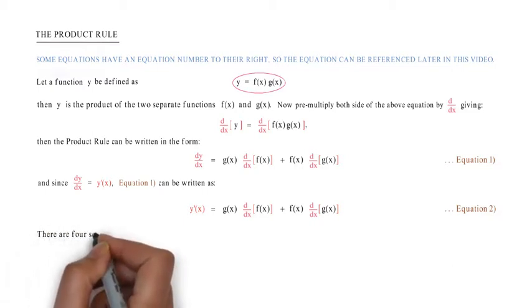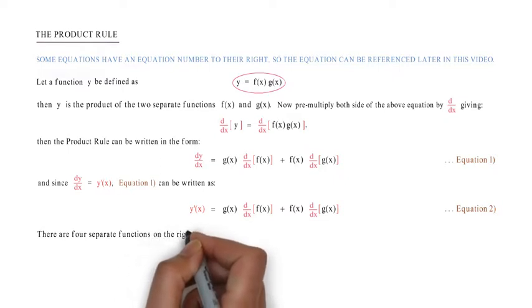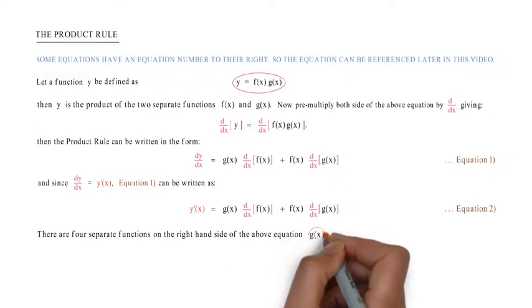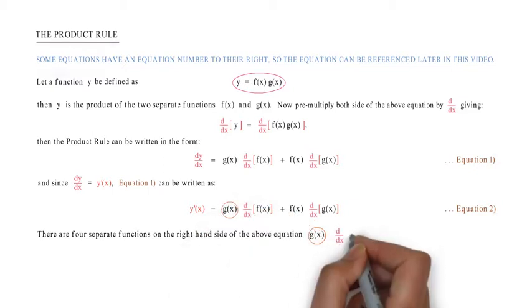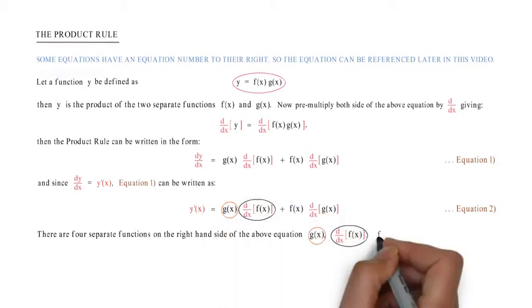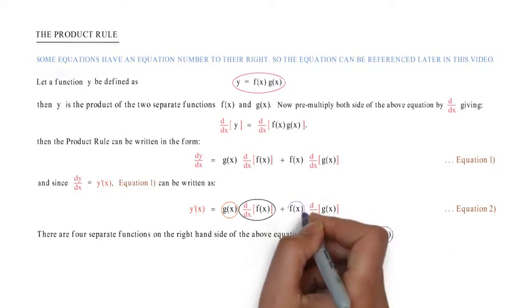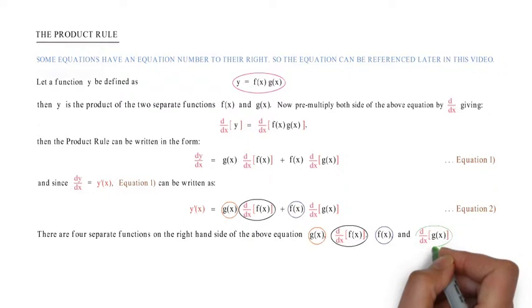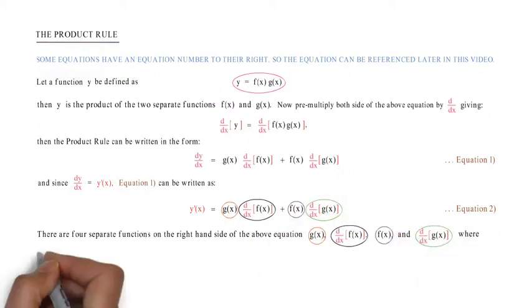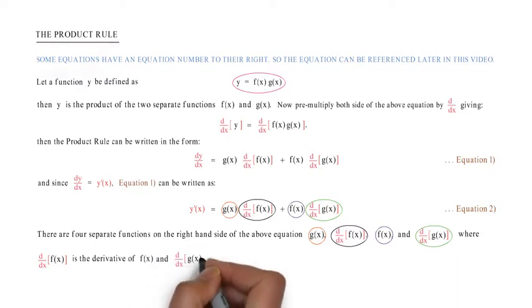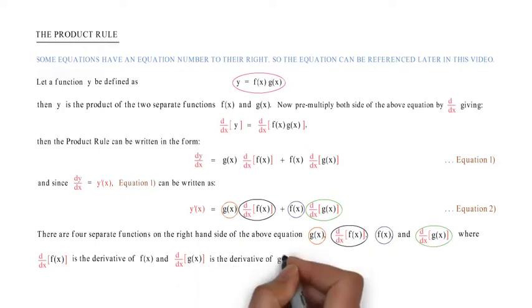There are 4 separate functions on the right-hand side of the above equation: g(x), d/dx of f(x), f(x), and d/dx of g(x), where d/dx of f(x) is the derivative of f(x) and d/dx of g(x) is the derivative of g(x).